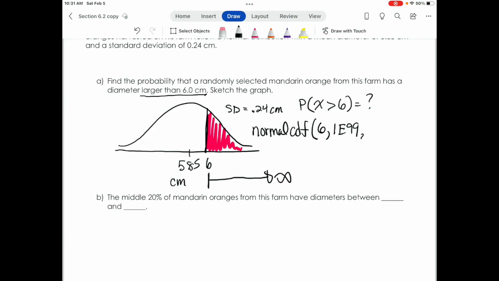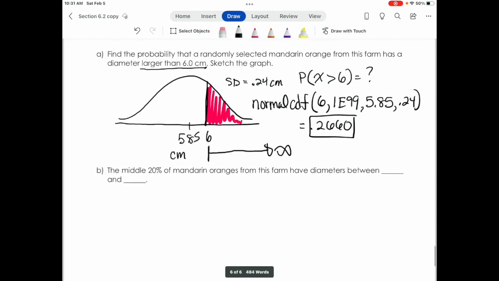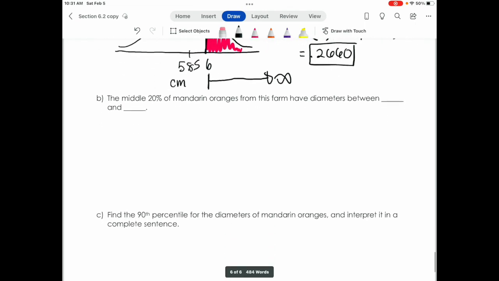And then we have our mean, which is 5.85, and our standard deviation, which is 0.24. When we put that in on the calculator, we should get 0.2660. So the probability of selecting a mandarin orange that has a diameter larger than 6 centimeters is about 26.6%.